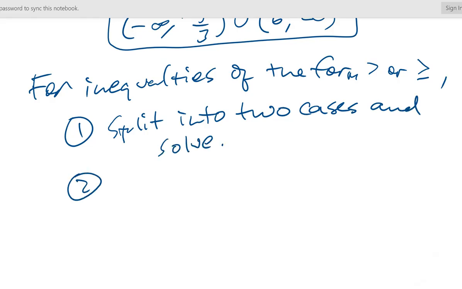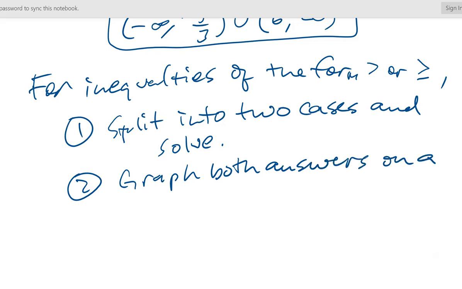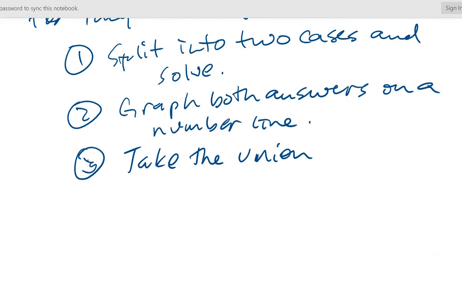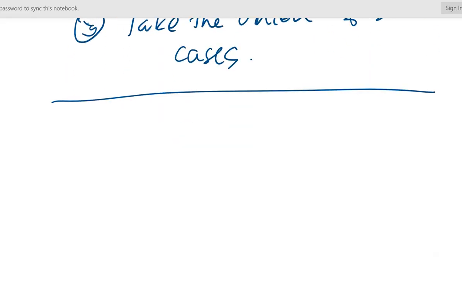Step 2, graph both answers on a number line. And step 3, take the union of both cases. The union is both of them together, like the union of the states is all the states together, of both cases. Now, you run into issues with some certain examples.